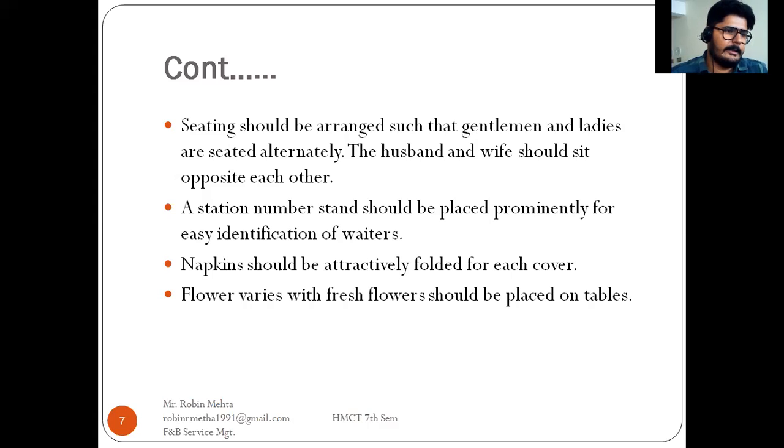In this point, they also said they put some kind of number for each station, like number 1 station, number 2 station, or number 3 station, by which the waiter can easily identify their station. They can't get confused at any point.